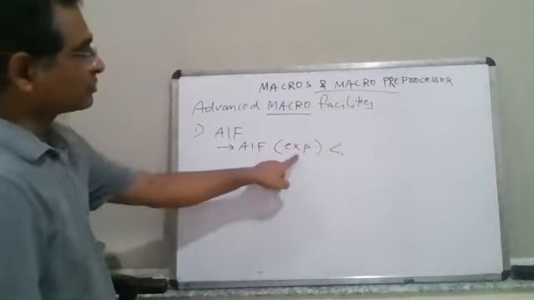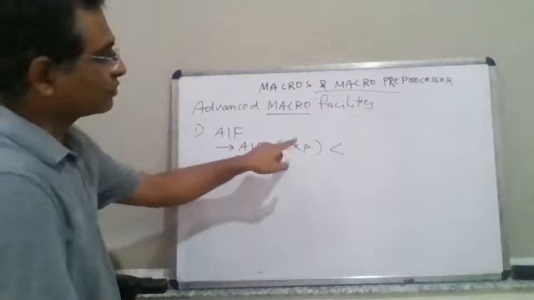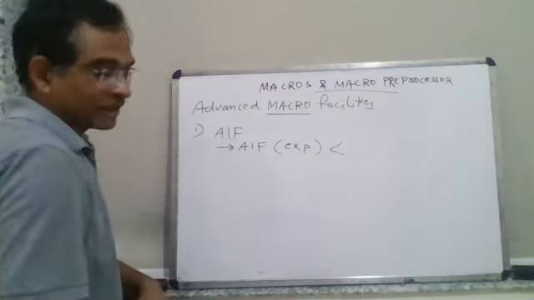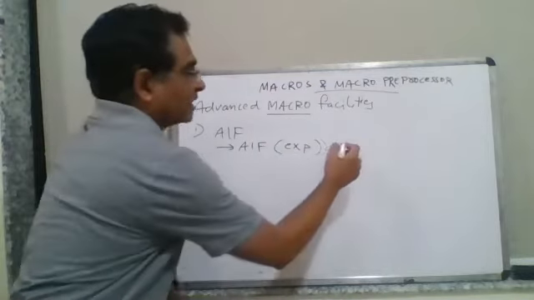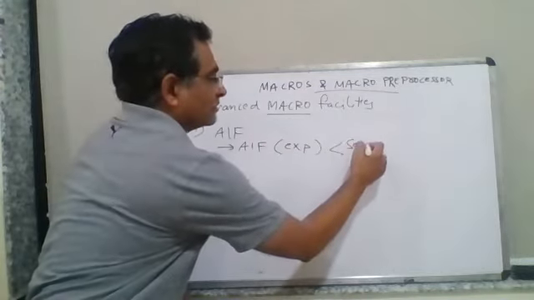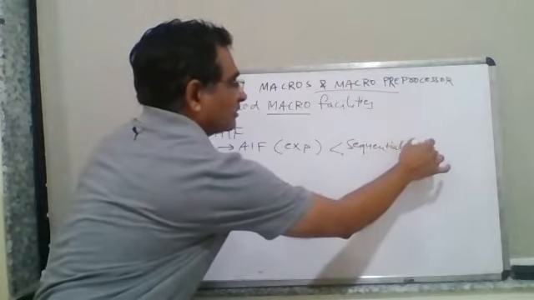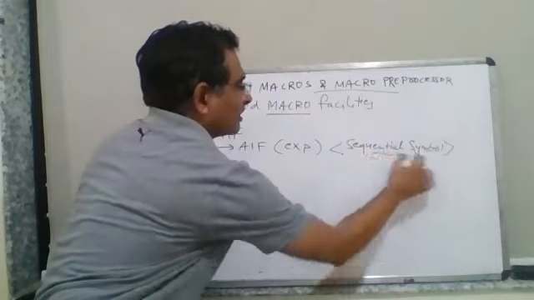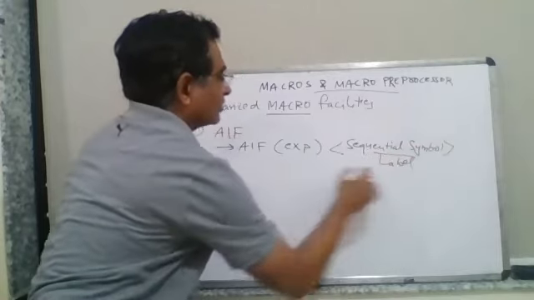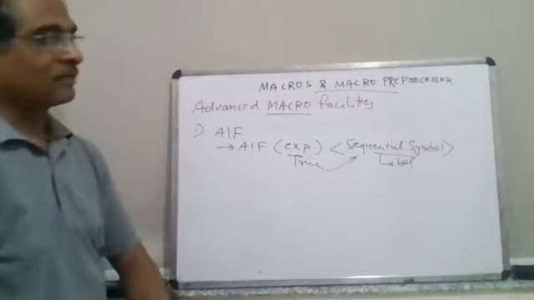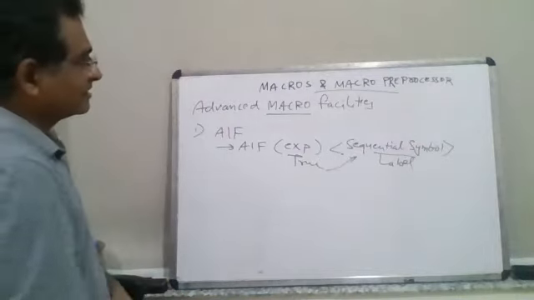If this expression turns out to be true, the condition being basically less than, greater than, and so on, right? Then it is going to make a jump to a sequential symbol, which is nothing but a label. So if the condition is true, it is going to make a jump to the sequential symbol, right? And this is the meaning of this.